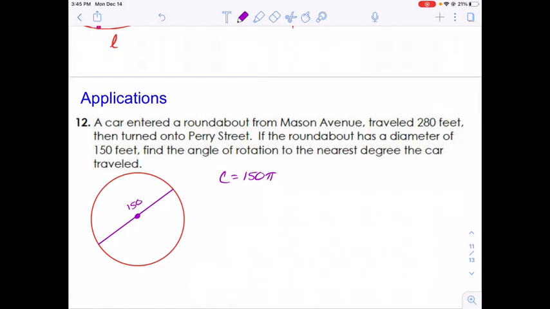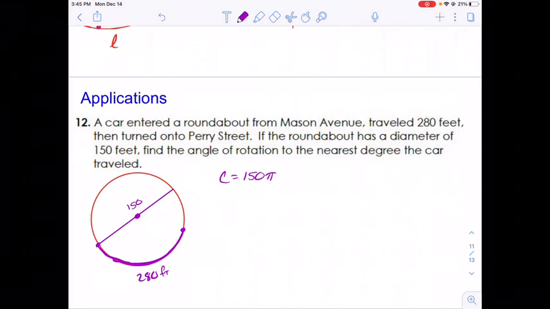Let's say it's only traveling from this point here to this point here. So we're going to say it travels around our circle, and it's going to travel 280 feet. That's the path it's going to go.